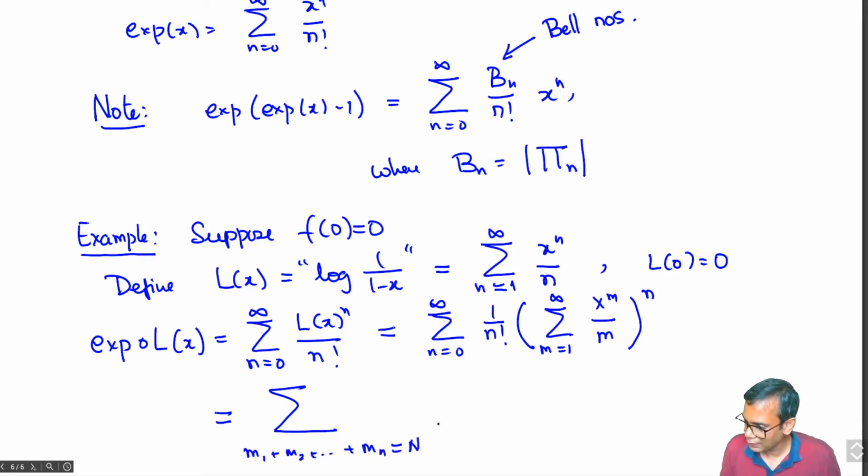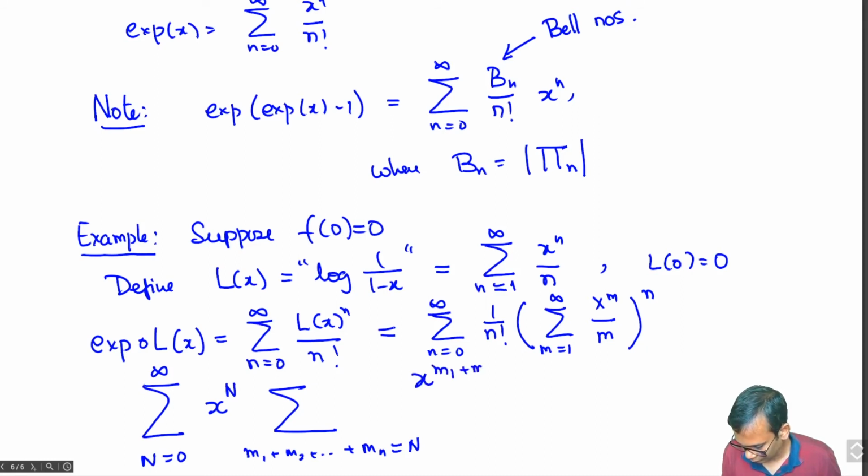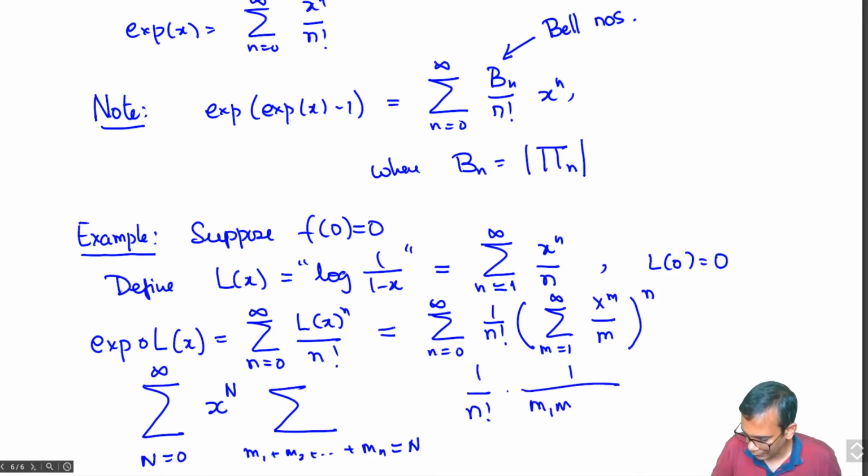The coefficient of x to the power n is going to be, so maybe I should write it like this, the sum over m_1 ... m_n of 1 over n factorial times 1 over m_1 m_2 ... m_n.